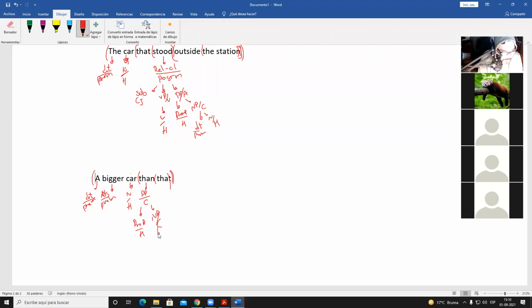Tiene toda la razón. Es un pronoun head. Because it's replacing the noun phrase. So it's a pronoun. Eso. ¿Alguna otra pregunta antes de avanzar? ¿No? ¿Estamos listos entonces? Qué bueno.